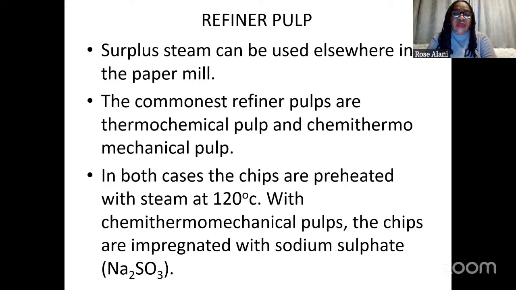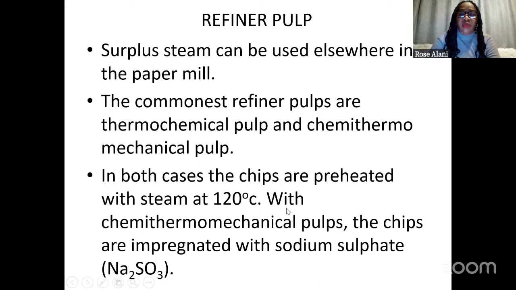With chemi-thermomechanical pulps, the chips are impregnated with sodium sulfite. This is sulfite, sorry. So you soak it in sodium sulfite, and then it is softened a bit before you move it into the refiner.